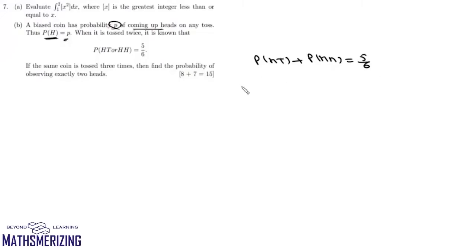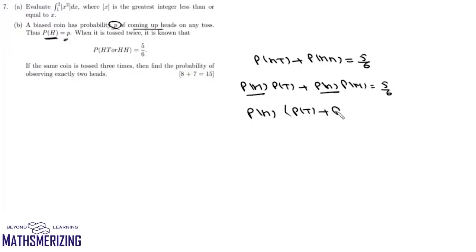Now since events are independent, we can write P(H) into P(T) plus P(H) into P(H), and this is 5 by 6. Now we'll take P(H) common, so it will be P(H) times (P(T) plus P(H)), and this is 5 by 6. Now tails and heads are mutually exclusive and exhaustive. So P(T) plus P(H) will be 1. So the value of P(H), which is P, is 5 by 6.